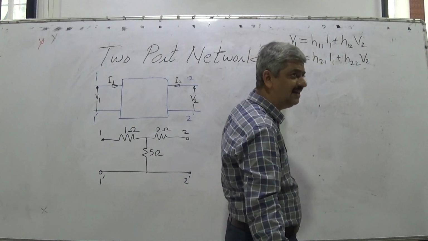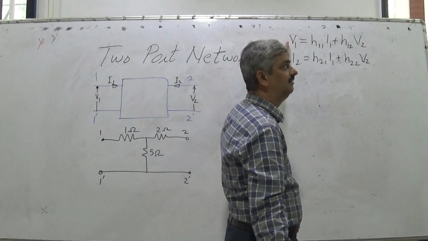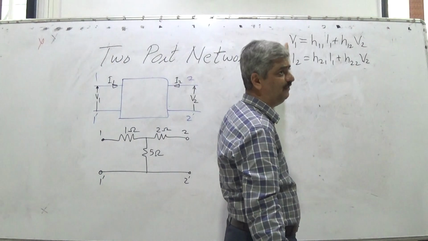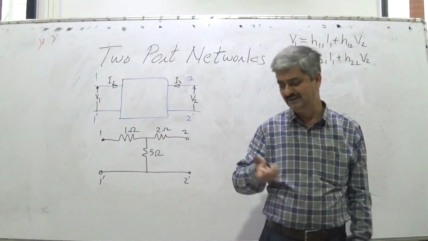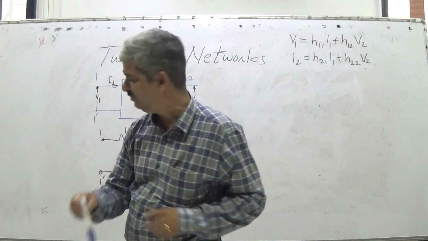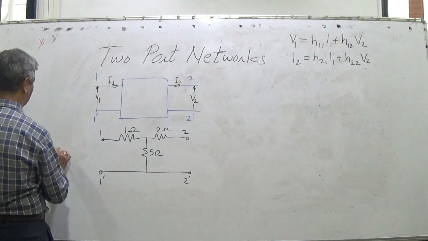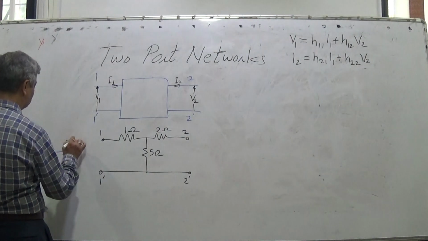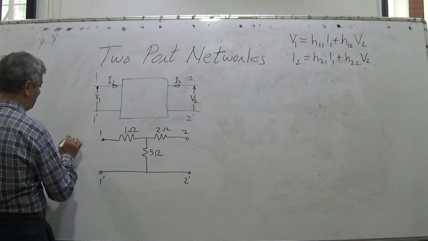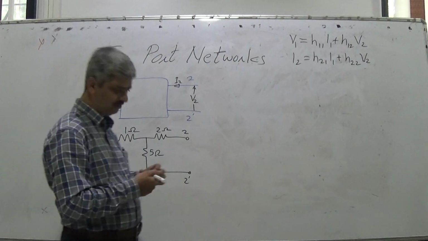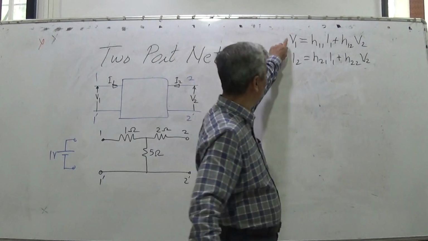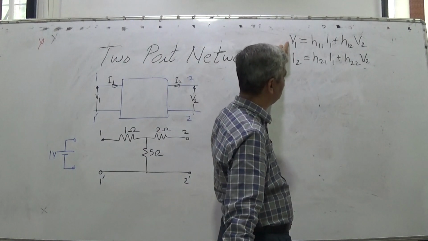By now it is very clear that we will take a 1 volt voltage source and apply it somewhere, and then measure V1, I1, V2, I2, whatever we can measure, and find out the parameters. So now we need to use equation 1, V1 equals H11 I1 plus H12 V2.